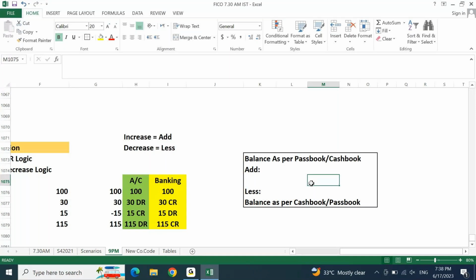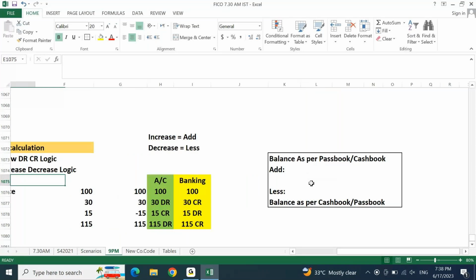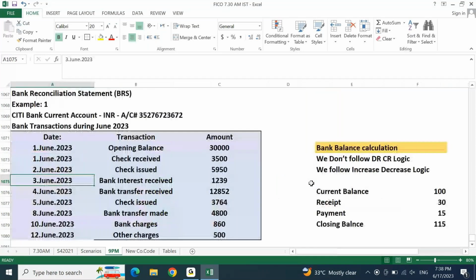If you recollect your academics, your commerce, accounting, wherever you studied this BRS, nowhere would you have mentioned debit credit. Everywhere you would have mentioned add less, plus minus. The same logic is applicable even in SAP. You will not be mentioning debit credit in BRS.